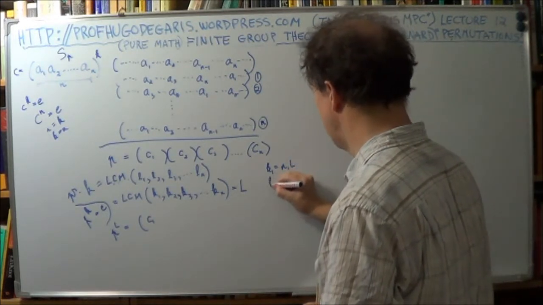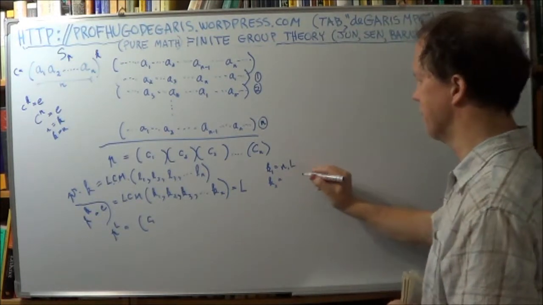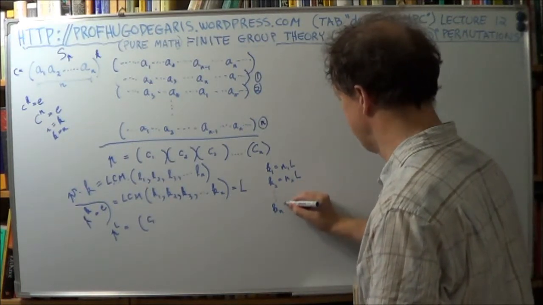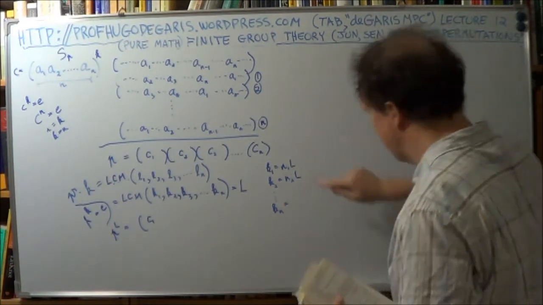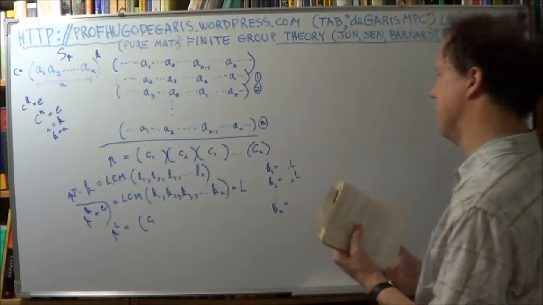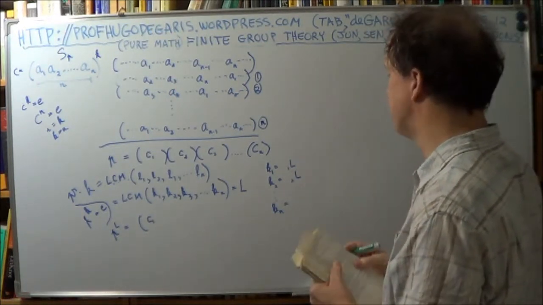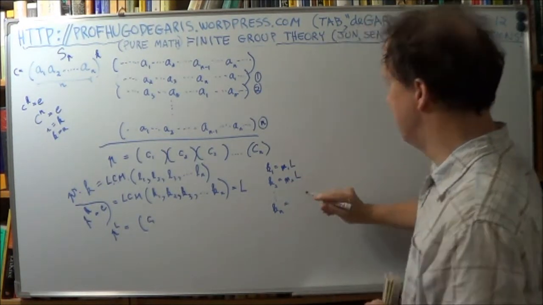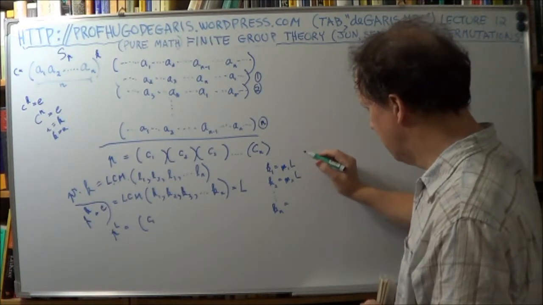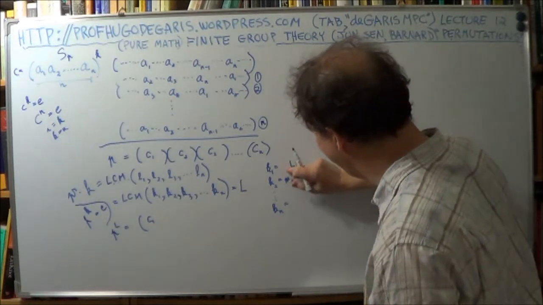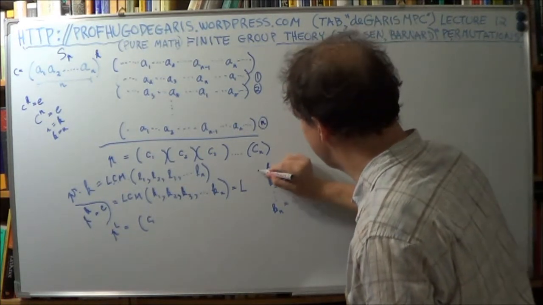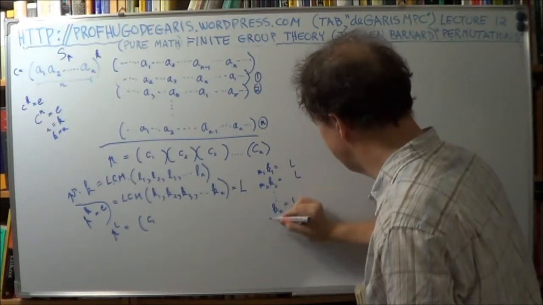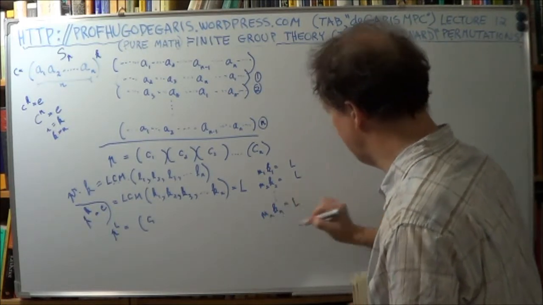Because these are factors of L, let L be M1 times K1, L be M2 times K2, and L be Mn times Kn. I'll use M to avoid clashing with the little n.